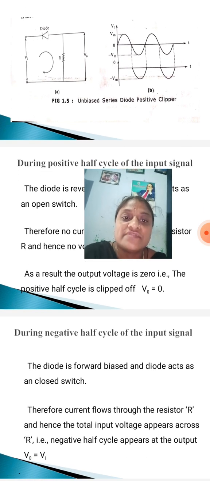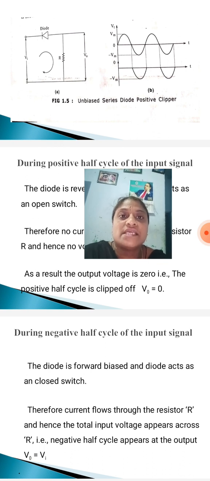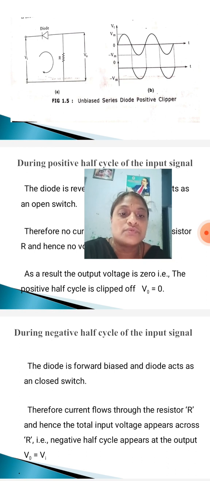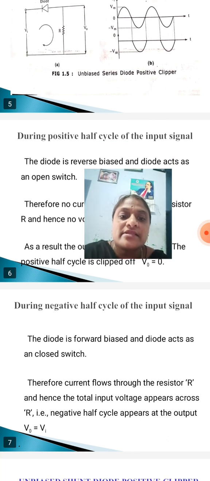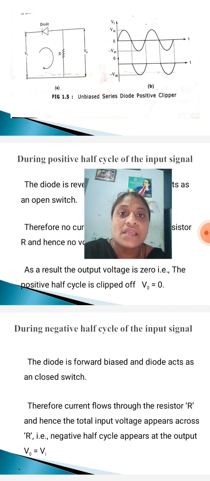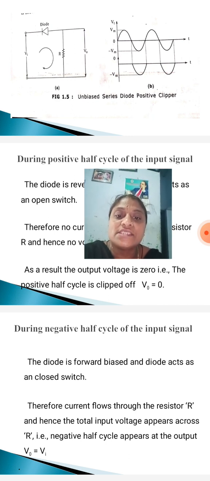What about the negative half cycle of the input signal? During the negative half cycle of the input signal, the diode is forward biased. Forward biased means the diode acts as a closed switch. Therefore, current flows through the resistor R. Hence, the total input voltage appears across the resistor R. That is, the negative half cycle appears at the output.